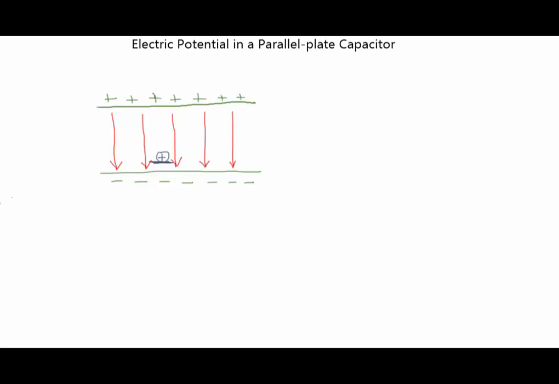We know the electric field, and let me just notate the electric field here as E. We know that the electric field everywhere between the plates is the same value E. So where this charge is being held, the electric field is E. And if this charge itself has a value of Q, the electric force that's applied on that charge from the field would be Q times E, as we have seen before.